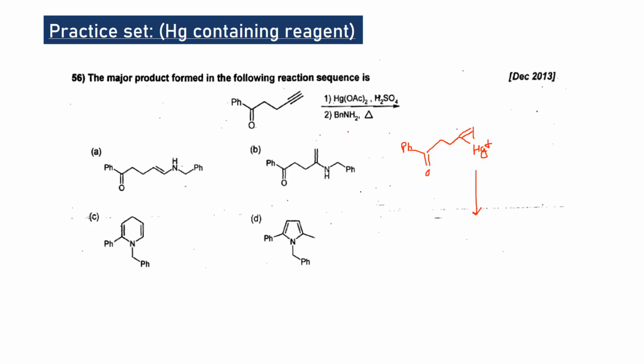As we have learned, this always follows the Markovnikov rule. According to the Markovnikov rule, the center containing more hydrogen will always get the hydrogen. So it will follow the Markovnikov rule.